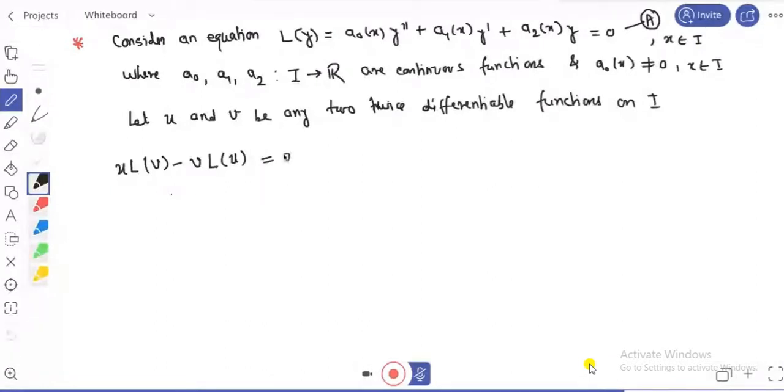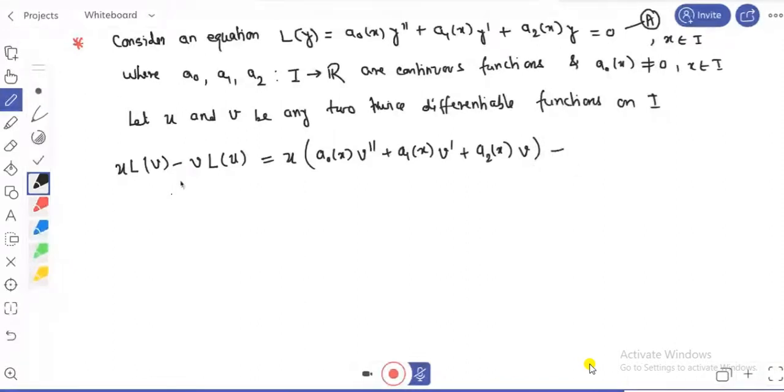So here you can write u, and what is v? If you put here, what is Lv? Lv is a0(x) v'' plus a1(x) v' plus a2(x) v.